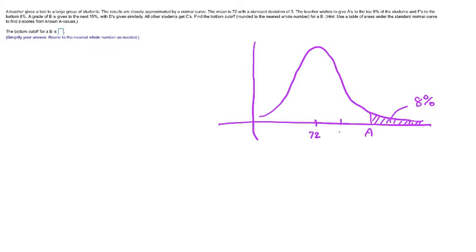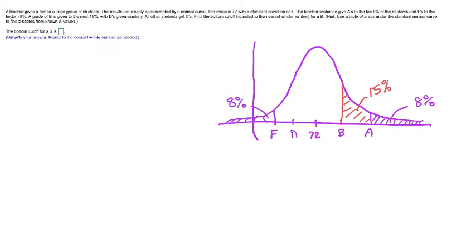Then we have the B range over here, and the B range is going to be the next 15%. And so for the B range, if we draw this area, we're told that this area is going to be 15%. Then we go to the bottom range. Down here on the F side, the area in the F range is also going to be 8%.